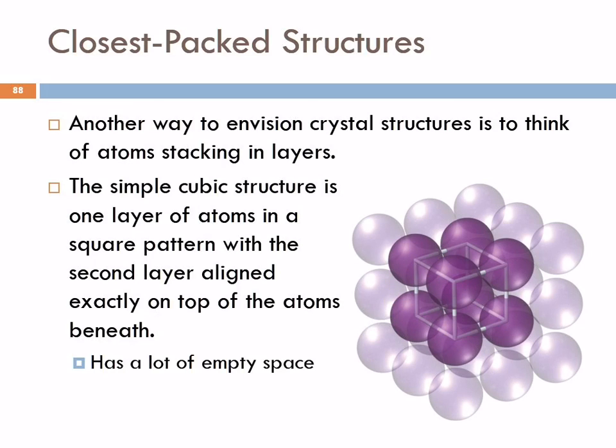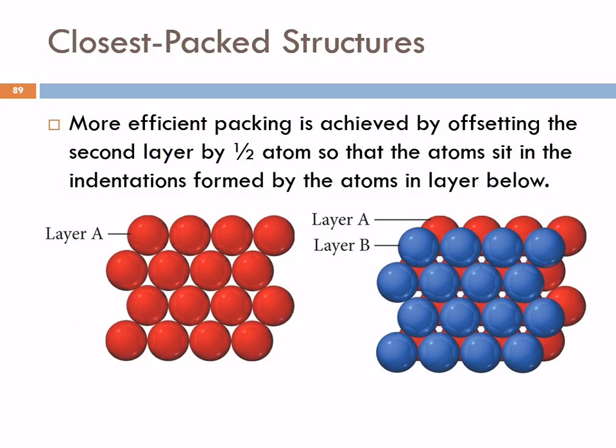And here, pulling this out, this is the simple cubic unit cell. There's a lot of empty space in this packing method. And if you've ever tried to put marbles or Christmas ornaments in a box, you know that they don't want to sit like this. They want to fall into the little divots between. That's what happens with this second approach.